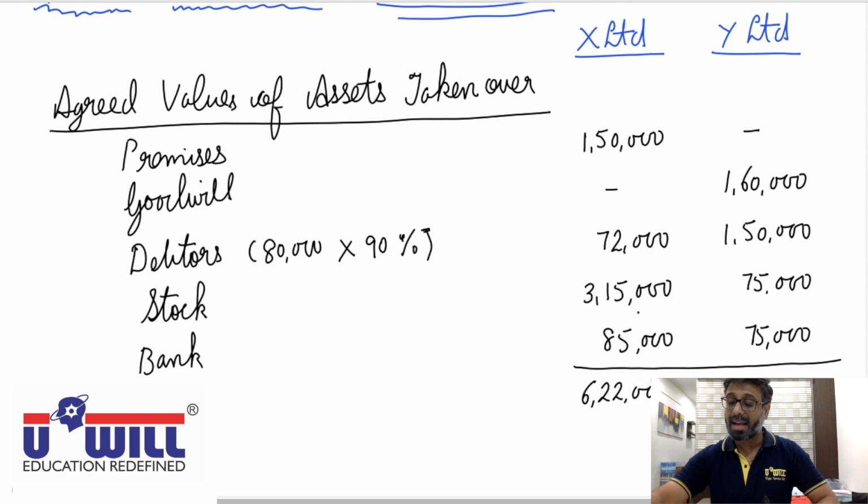Sorry, 1,50,000 plus 72,000 plus 3,15,000 plus 85,000 comes to 6,22,000. In the same way for Y Limited it comes to 160 plus 150, 310 plus 75, 385 plus 75. So 4,60,000.